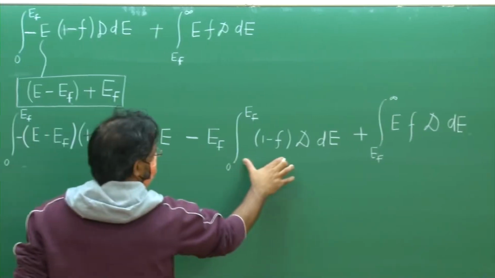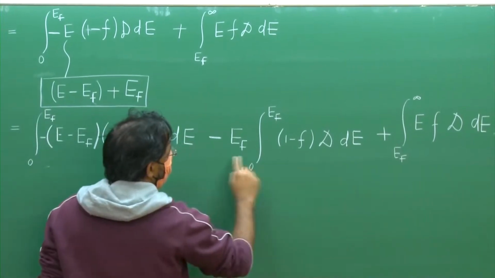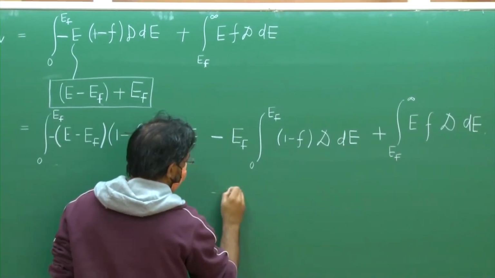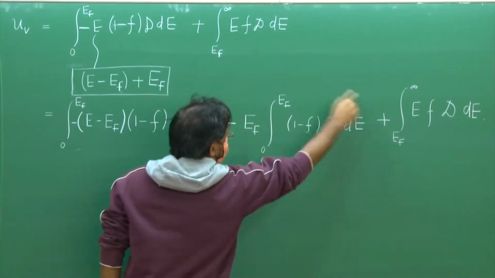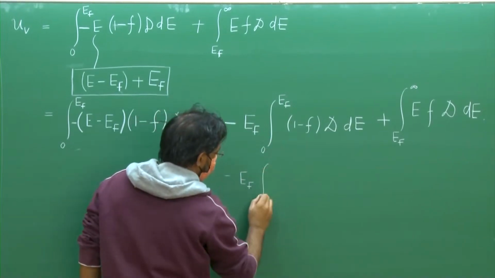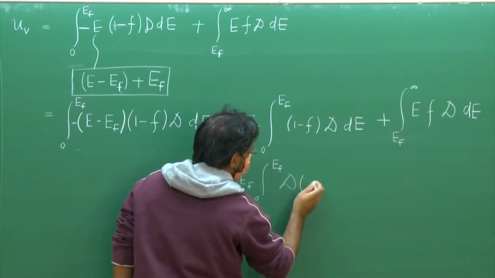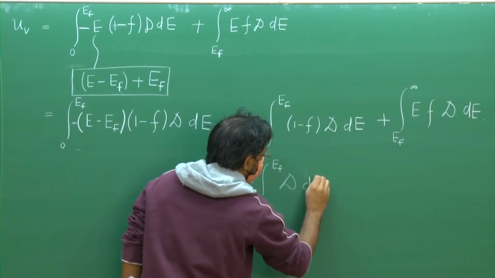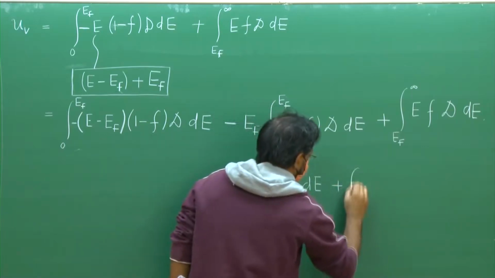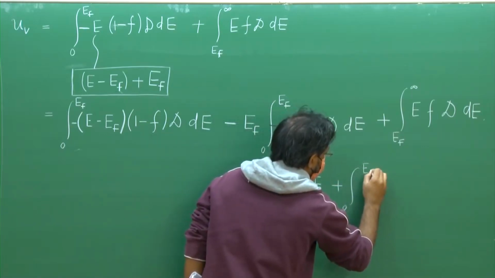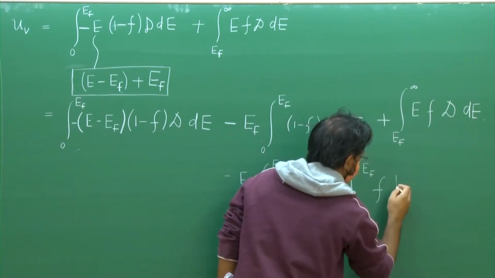Now I will not touch this, I will just work on this. So this can be written as minus EF, this part of the integration, minus EF integral 0 to EF and then d dE, something that looks familiar, and remaining will be minus minus will become plus, and you have 0 to EF F d dE.